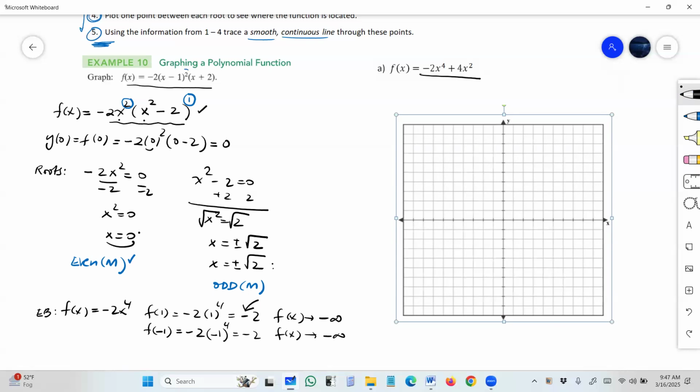So in both cases, as x goes to positive infinity and as x goes to negative infinity, we get the polynomial going to negative infinity. So in both cases, they go down. Okay, so with this information, we are able to graph. So let's do this. I am going to plot the zero. Actually, let's plot the y-intercept first.